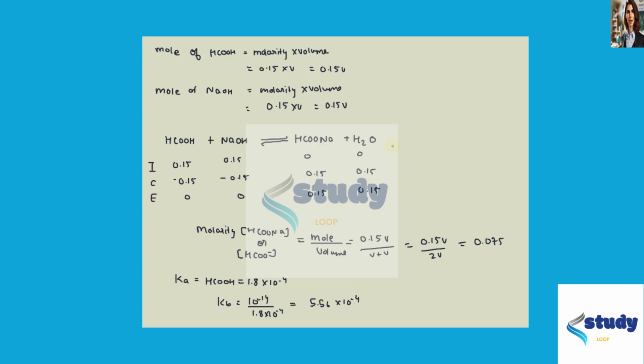Now, on this dissociation, first we'll draw the ICE table again. So here it is 0.075. After finding the concentration, it is 0 and something is subtracted here, and we can write at equilibrium 0.075 minus x. Here it is x.